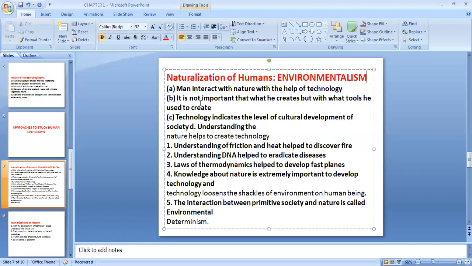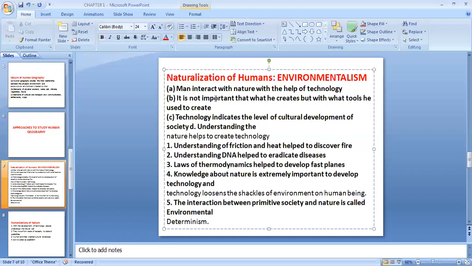It is not important what he creates, but what tools he uses to create. Technology indicates the level of cultural development of society. Understanding nature helps in creating technology.